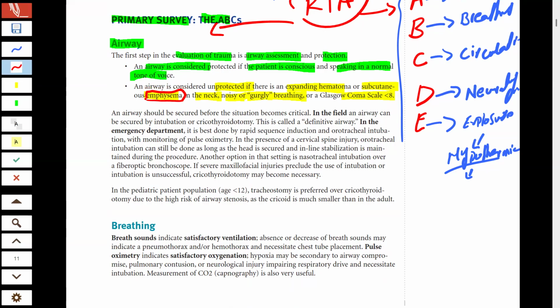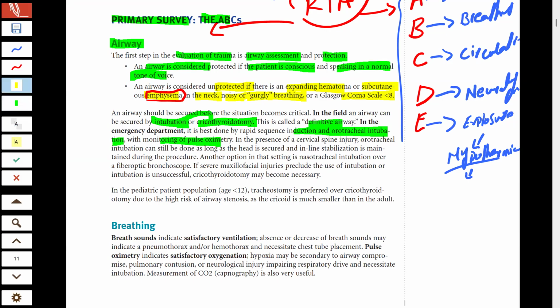If you find that the airway is compromised, you have to go for airway management first. For that, always go with intubation, and if intubation is impossible or not available, you can go with cricothyroidotomy. This is definitive airway management, and it depends upon the injury. Rapid sequence induction with orotracheal intubation, with pulse oximeter monitoring.